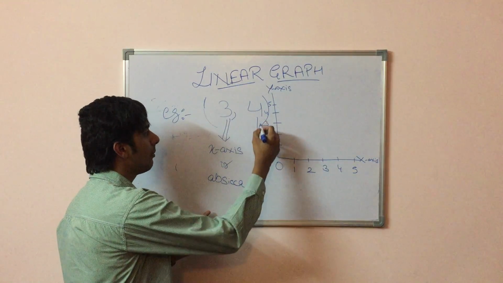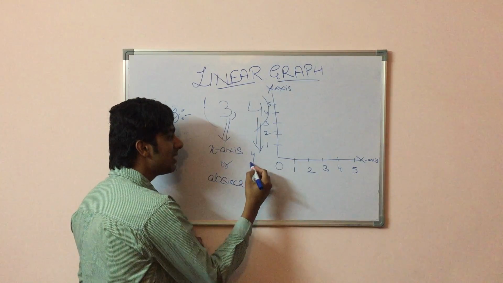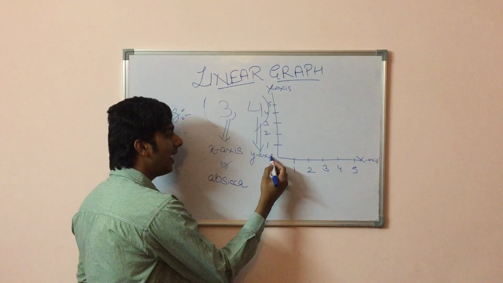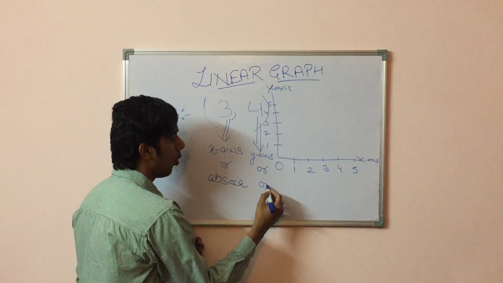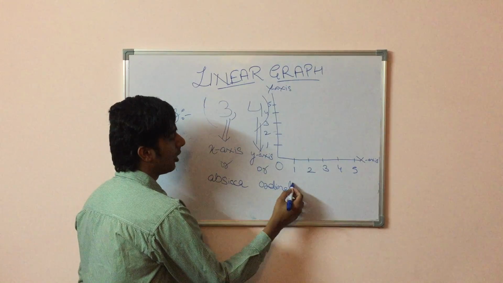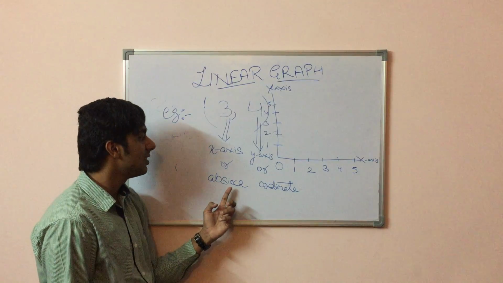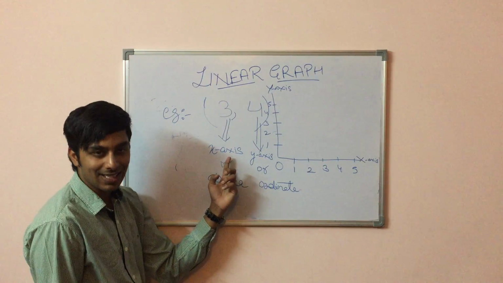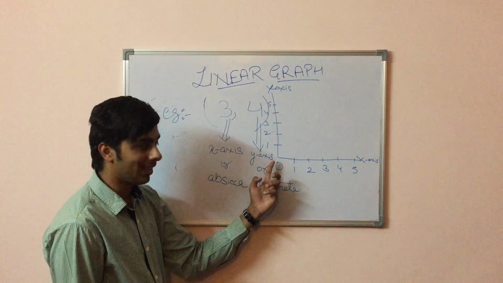And the second number is represented on y-axis. That's why it is called ordinate. So abscissa is the point of the x-axis and ordinate is the point of the y-axis.